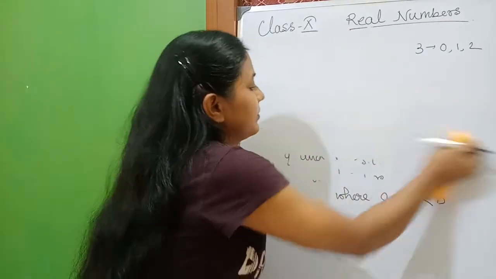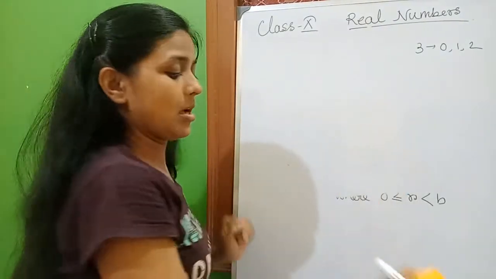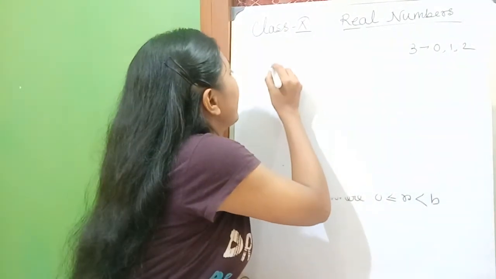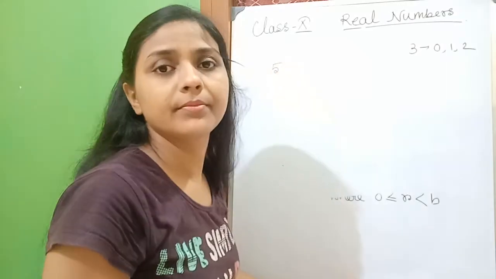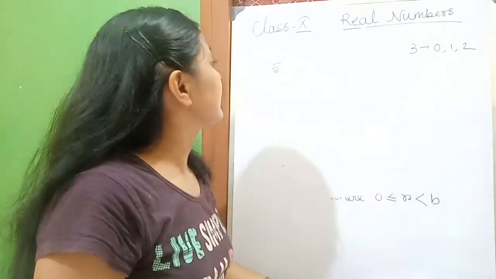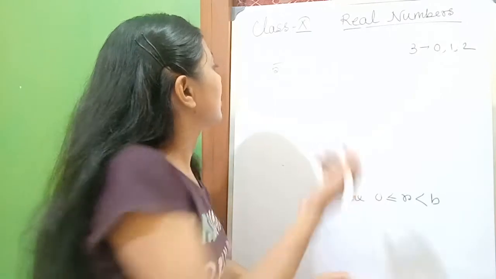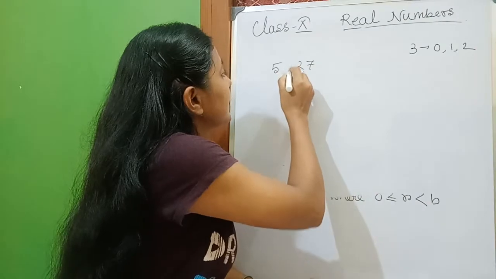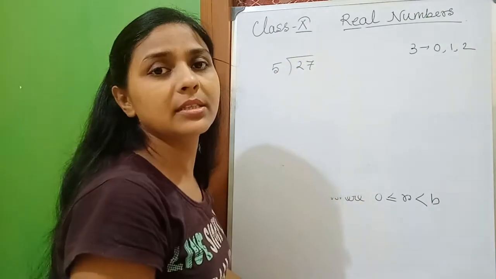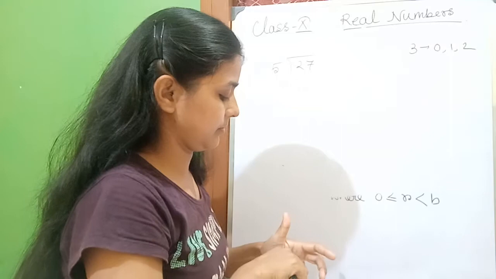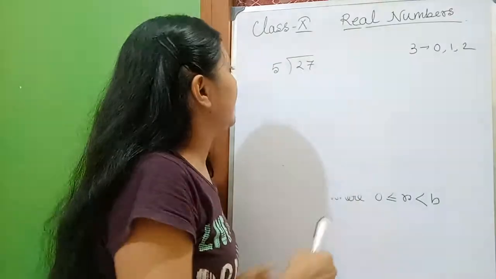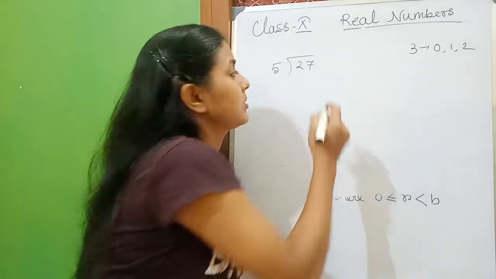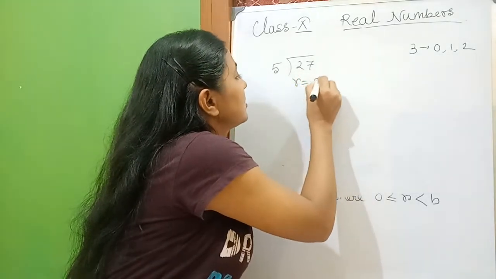Think about other divisors. Suppose I am taking the divisor as 5 and the dividend as, suppose, 27. This is the division. 5 5s are 25, so the remainder is 2.